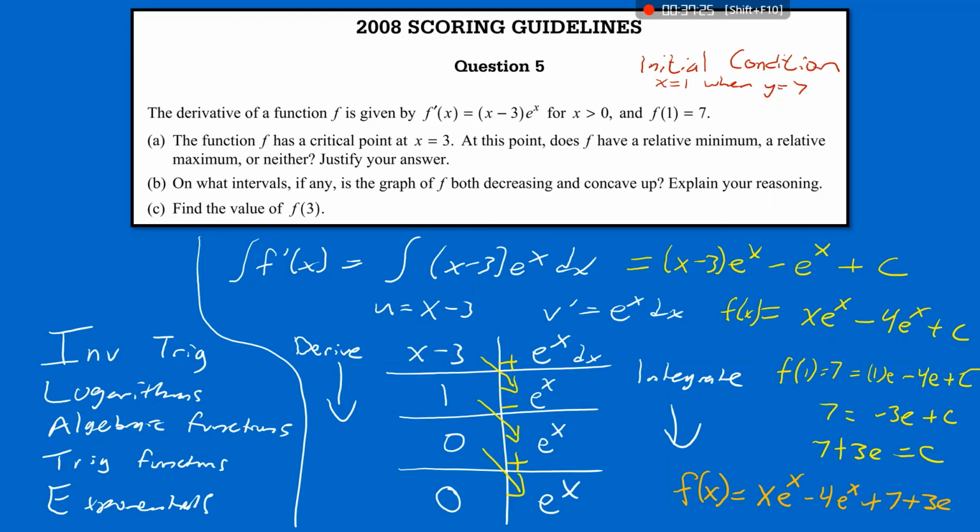Okay, and then we're supposed to find the value of f of 3. So I guess I do need one more line, but if I wanted to find f of 3, I can plug in 3. So this would be 3e cubed minus 4e cubed is negative 1e cubed plus 7 plus 3e.